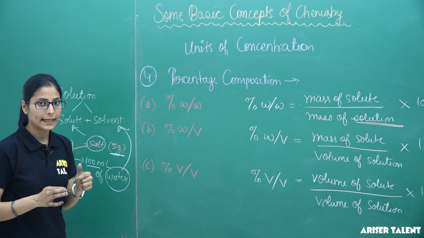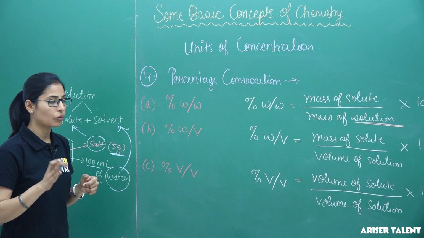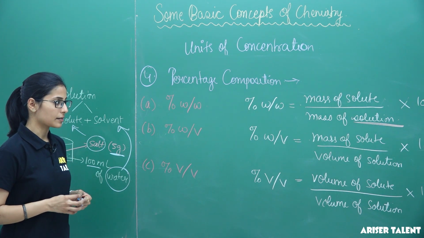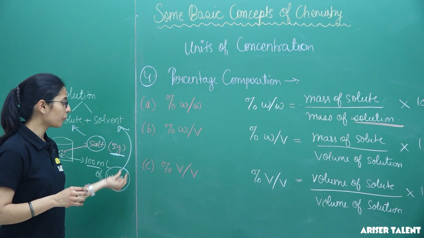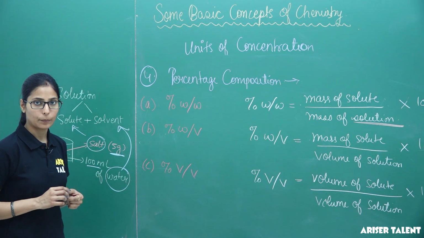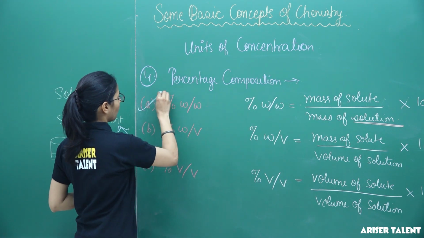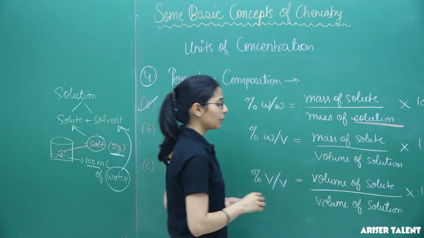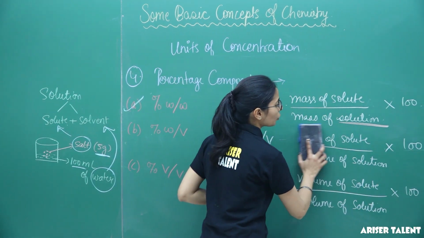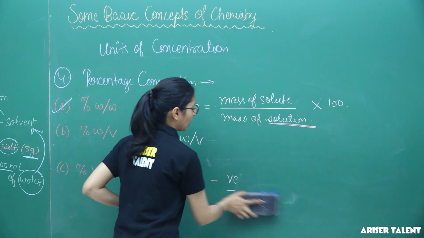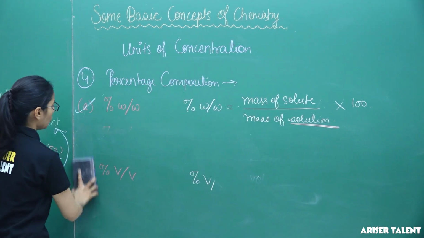I am going to give you an example, and with that I hope your concepts will be clearer. So, let us take an example of weight by volume. That will make it clearer how to use these formulas in the numericals.